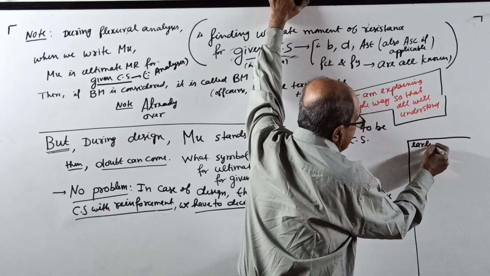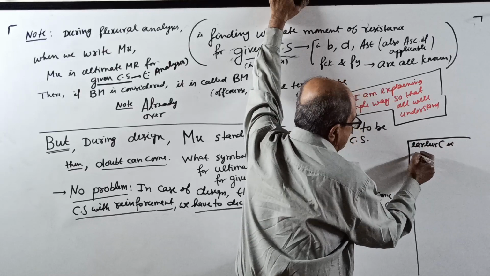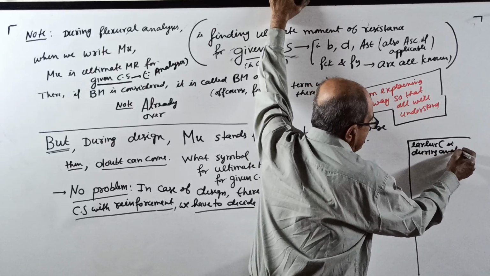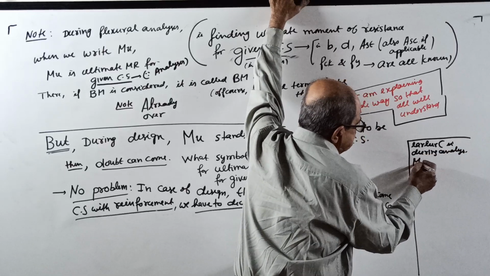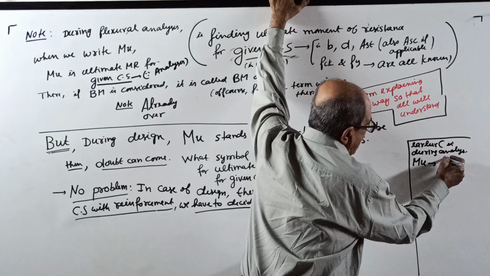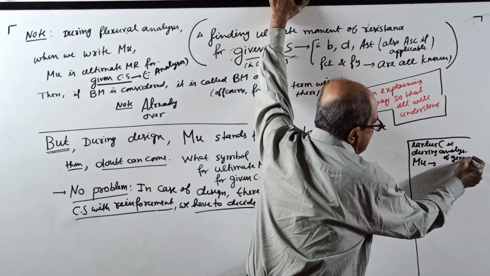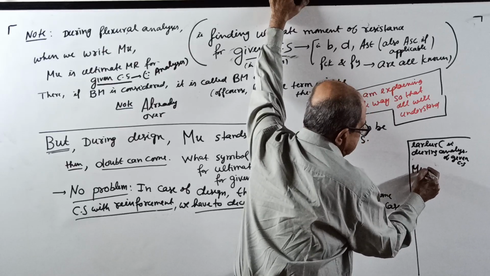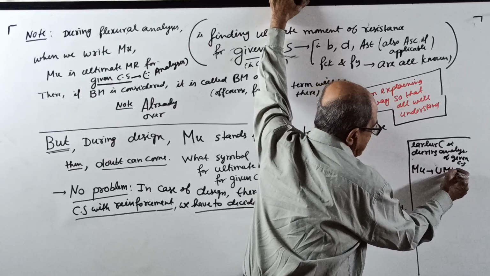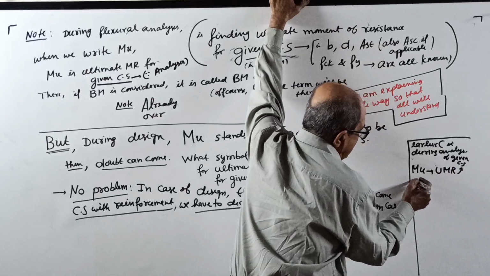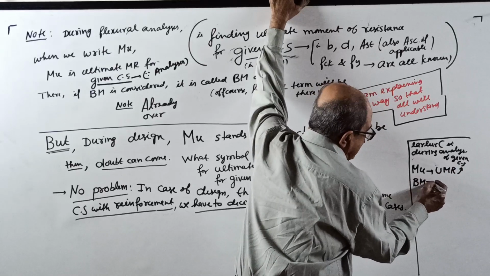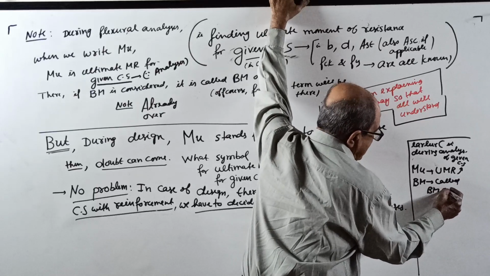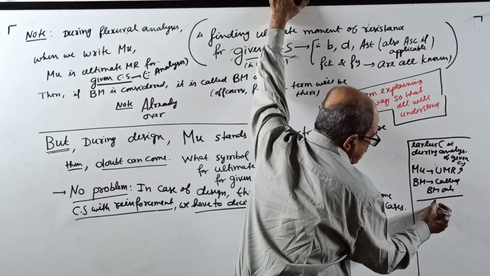Earlier, that is final, during analysis, MU stands for ultimate MR of the given cross section. If bending moment comes there, it is called bending moment only. Already over.